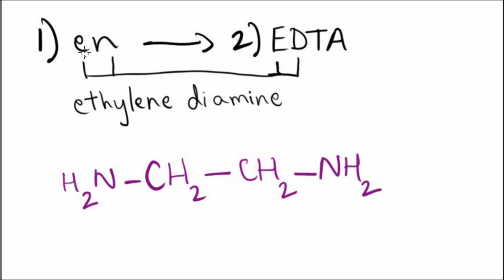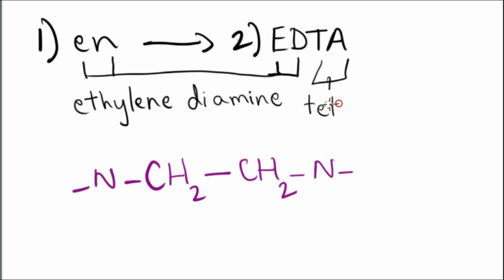Now moving on to EDTA. So we've already got E and D, T and A. T is for tetra and A is for acetate. Tetra means 4 molecules and acetate means the ionic form of acetic acid. So you have 4 acetate molecules, right? These now go as 2 branches from each nitrogen.